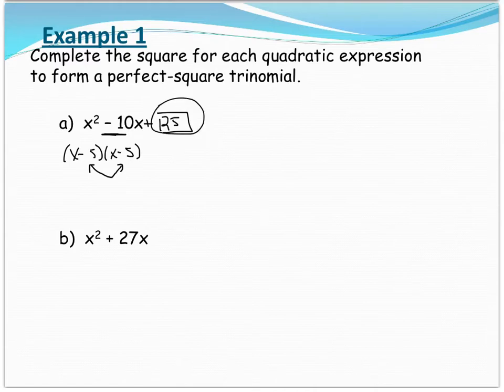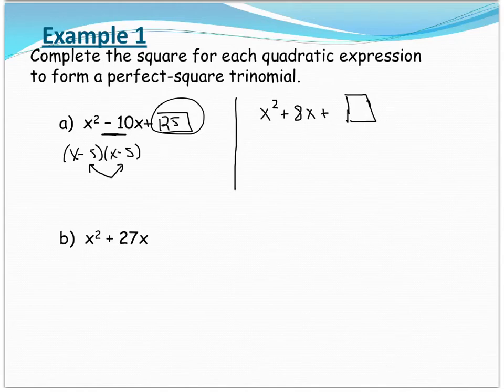Before we go to part B, I want you to look at another term and see if you can identify the pattern. I'm going to tell you what it is in the video, but I want you to think about how I am getting the 5 in my factored term, and how I get that 25. If we have this as our quadratic expression, what's the number that I'm going to add here?